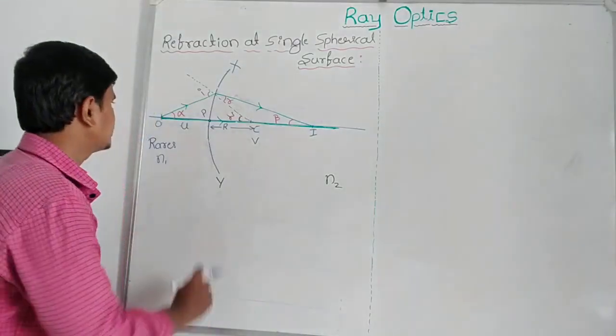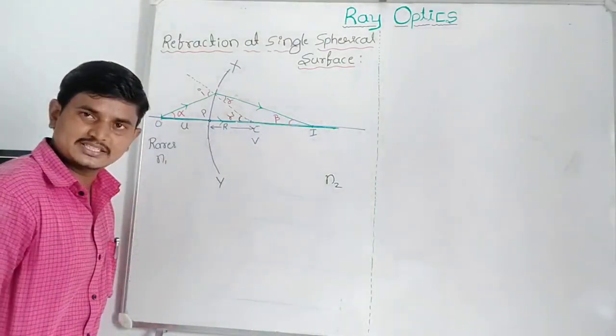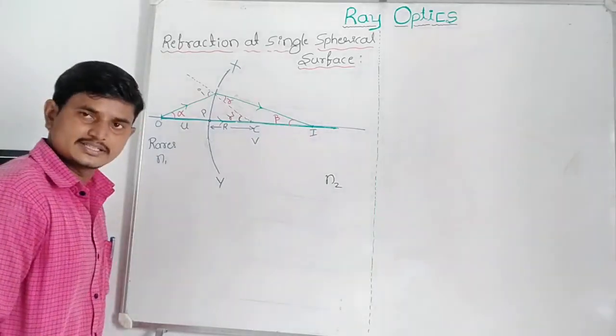Now let us consider object O on the principal axis, which emits rays.